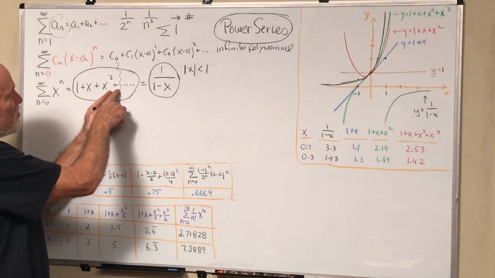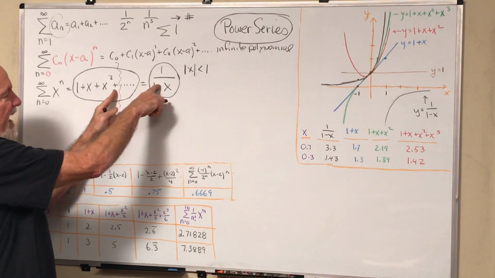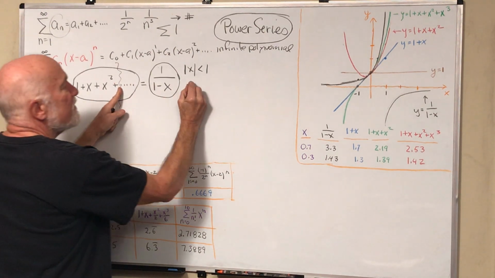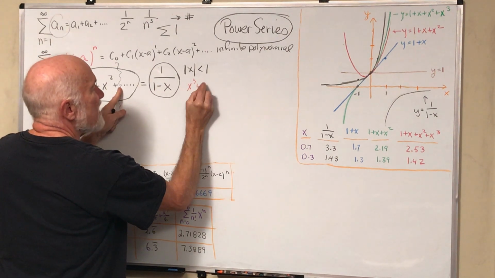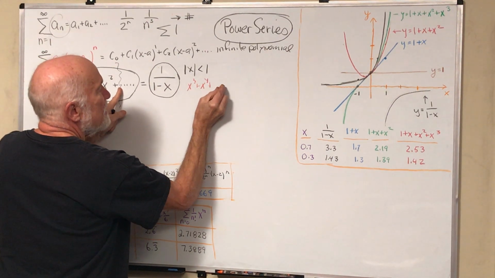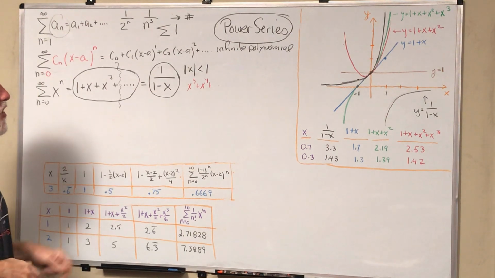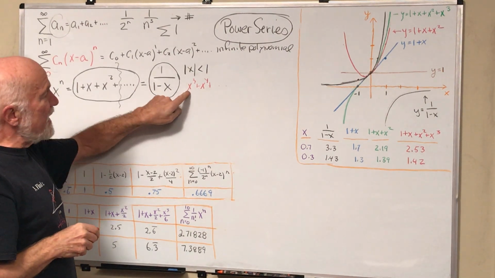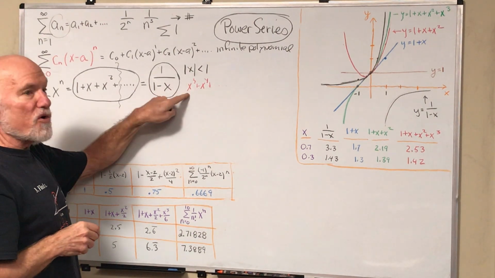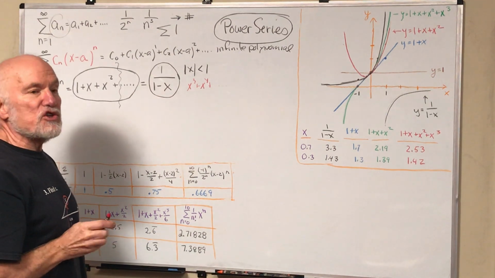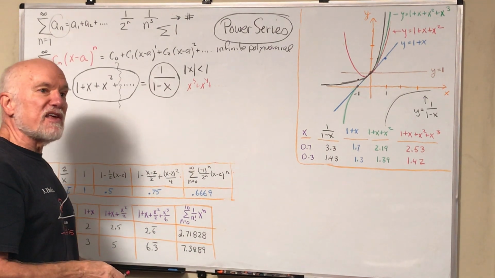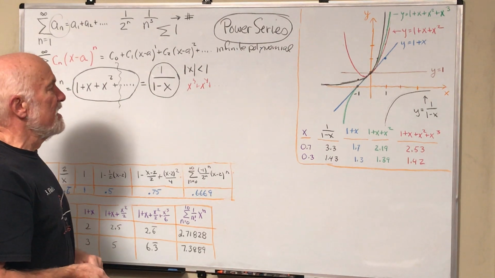Well, think about if you stopped right here, what would be the error? What would be what you left off? x cubed plus x to the 4th, all the way on. So you can see the bigger x is, the more the error is going to be. So it should do better at 0.3 than it does at 0.7.